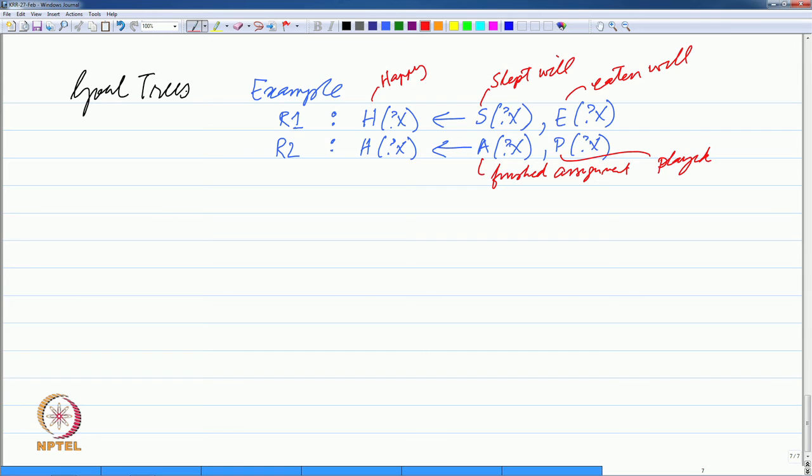So, if we are given these two rules, which are somebody's definition of being happy, and we are also given a lot of facts, let me put it in the form of a table.